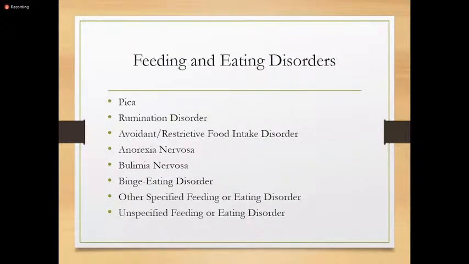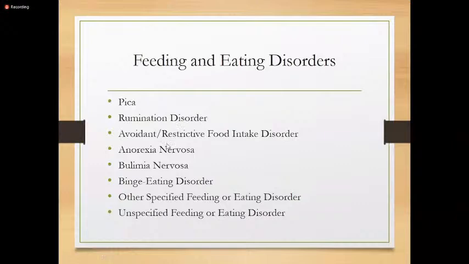Then you have your feeding and eating disorders. Some of them, like pica, used to occur only in childhood before, but have been brought here. Important in our setting, not so much. We don't see a lot of pica in childhood, but it is commonly associated with intellectual disabilities.